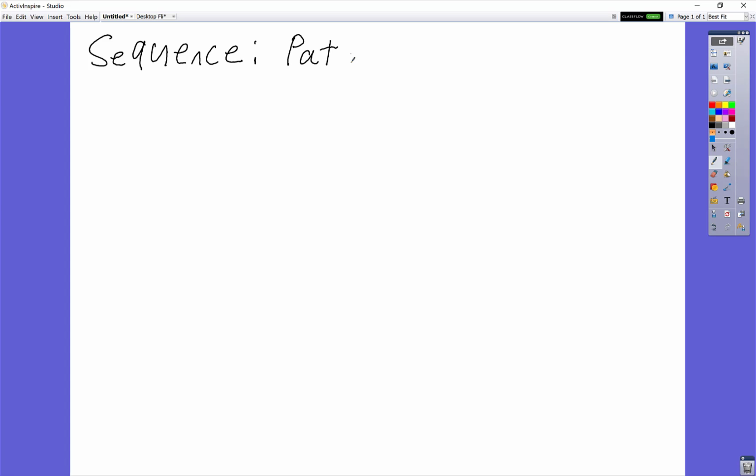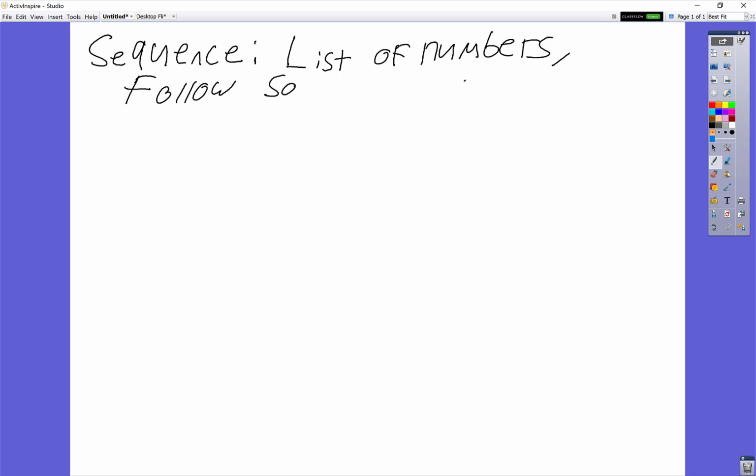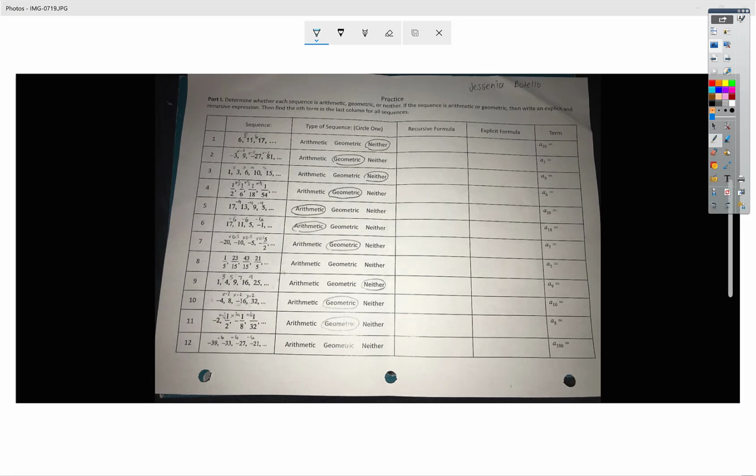There are multiple definitions, but I'm just going to say it's a list of numbers, and usually these numbers follow some pattern, okay? And we have types of sequences: arithmetic, geometric, or neither.